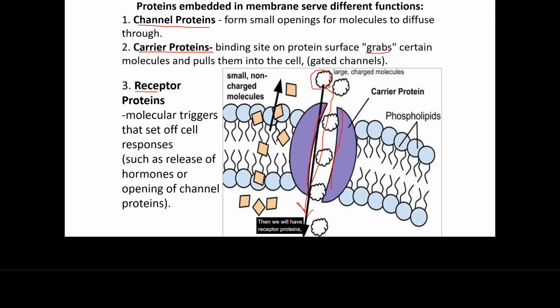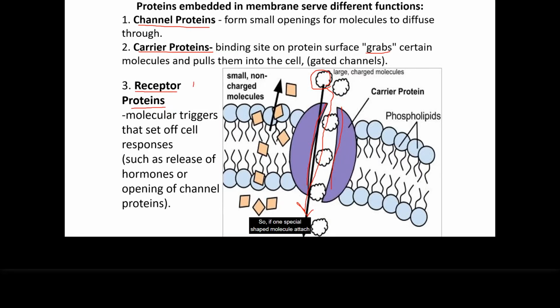Then we have receptor proteins, and this is what I tried to explain on the previous slide, when molecules can trigger or initiate a set of responses, for example, opening channels, as I demonstrated on the previous slide, or release of a hormone.